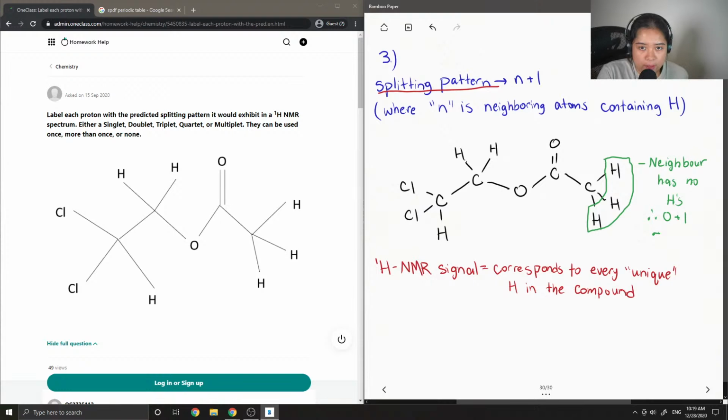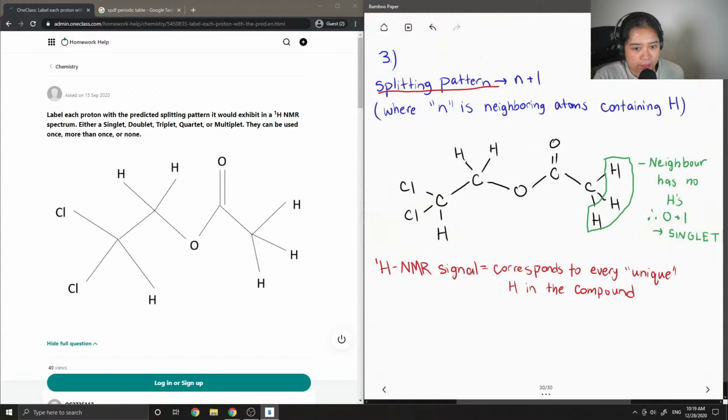So this means that this splits as a singlet. Okay, so that is for those hydrogens.